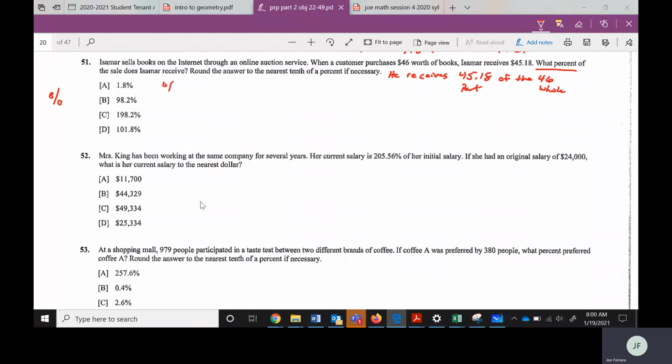Okay, if you're doing it this way, we don't know the percent. We found that this is the part, that's the whole. So the diagonal with the two numbers right here: 45.18 times 100.